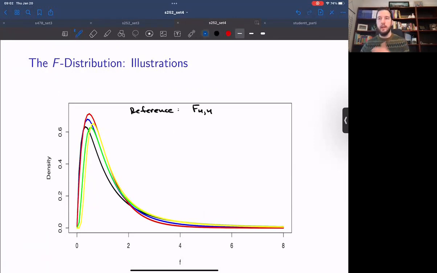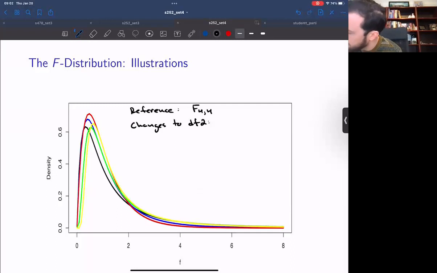Let's start by looking at the blue F curve. For the blue F curve, we're going to change the second degree of freedom. So the first curve is an F on 4 and 10.